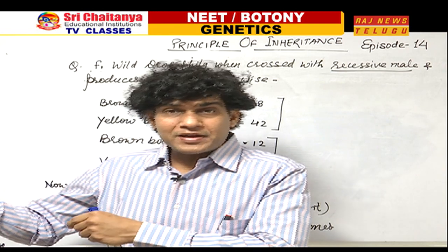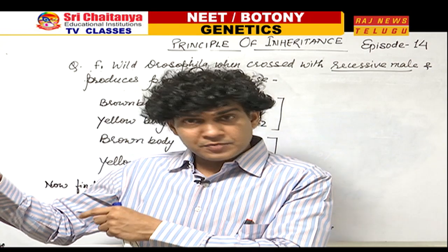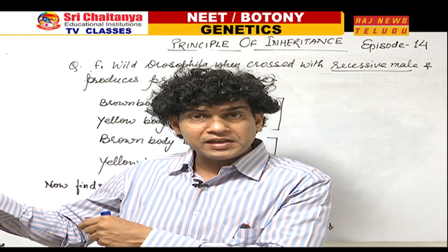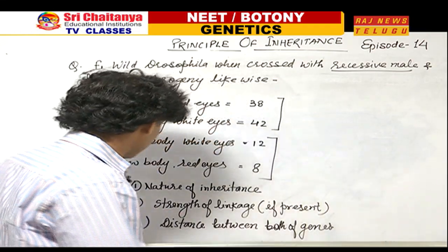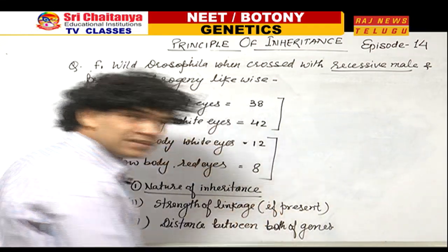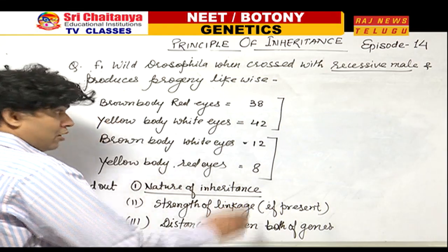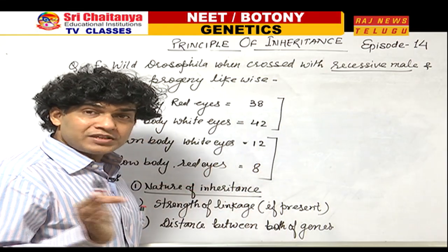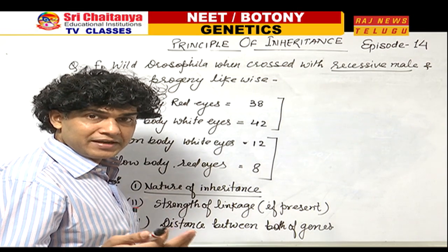If 100% parental combinations are not arising after a test cross, it means it is not a case of complete linkage. Then what remains left? That it is the case of incomplete linkage. What is the nature of inheritance? Answer is incomplete linkage. Now, more than 50% parental, less than 50% recombinants.